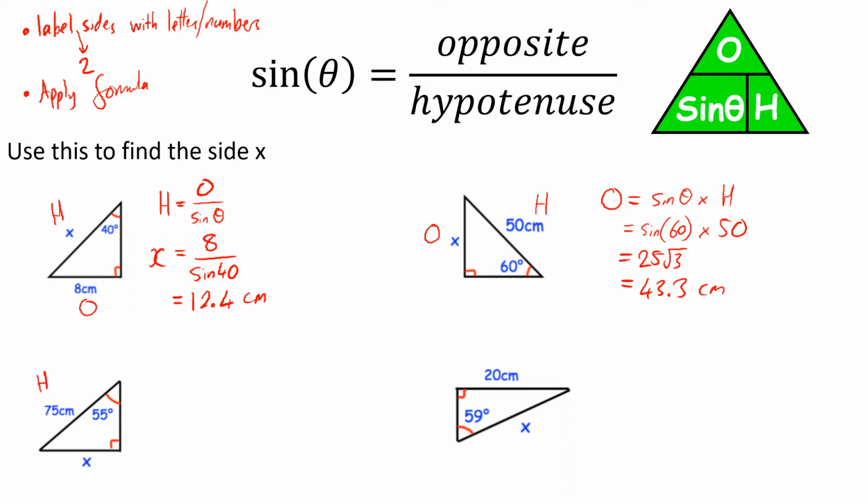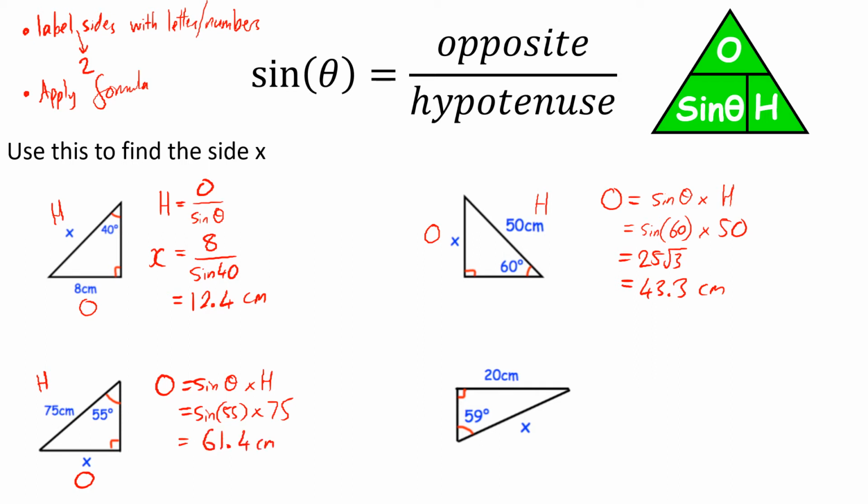Hypotenuse is 75, opposite is x, so we're trying to find the opposite this time. It means we need to do sine theta times hypotenuse again. It means we need to do sine of 55 times 75. Again, make sure you close those brackets, and that should give you 61.4 centimeters.